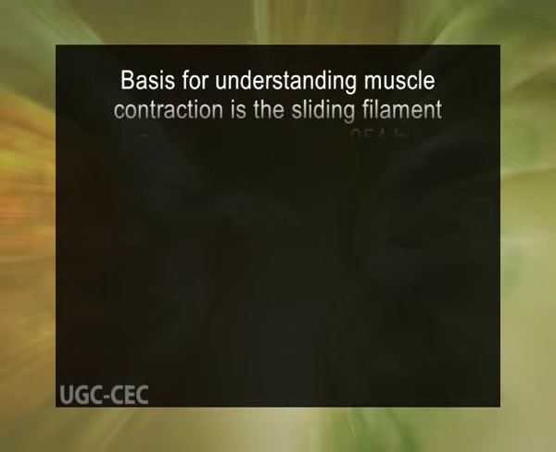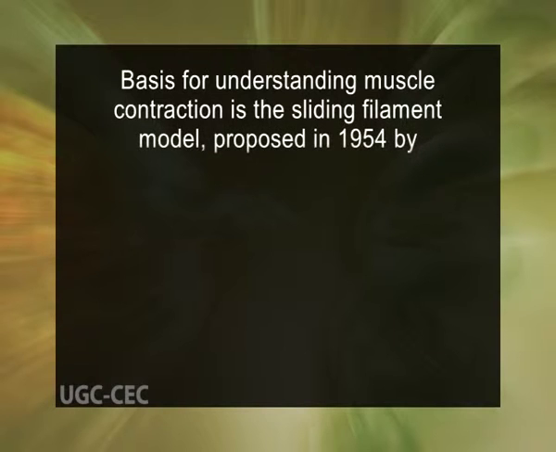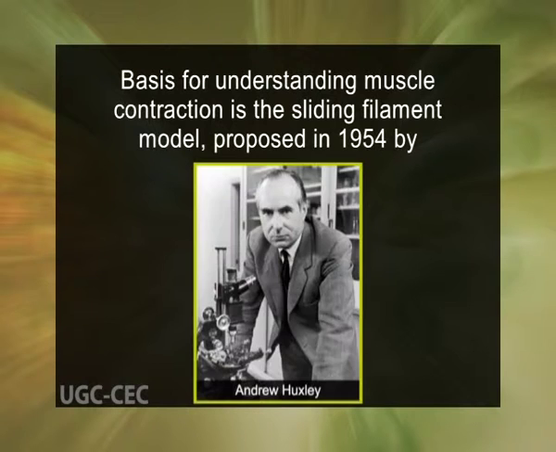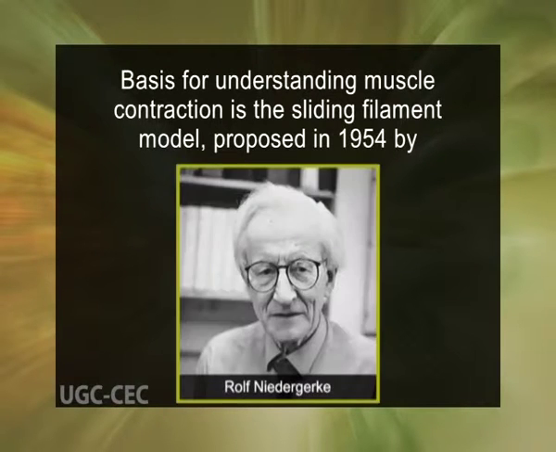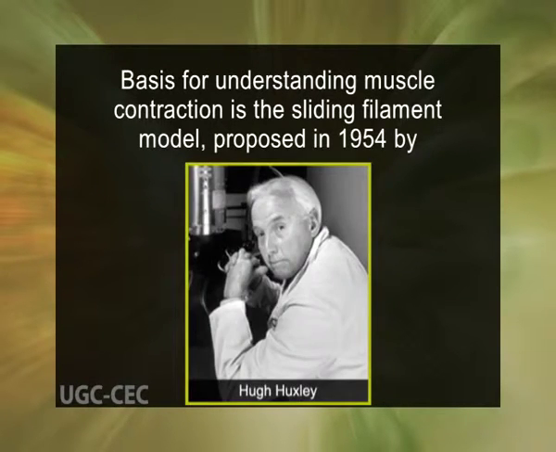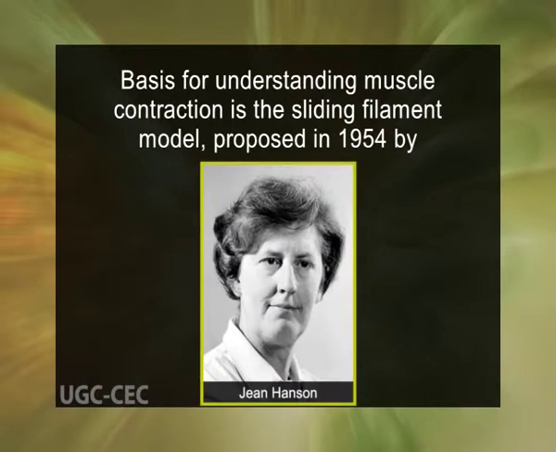Sliding filament model. The basis for understanding muscle contraction is the sliding filament model, first proposed in 1954 both by Andrew Huxley and Ralph Niedergerke and by Hugh Huxley and Jean Hanson. During muscle contraction, each sarcomere shortens, bringing the Z discs closer together.